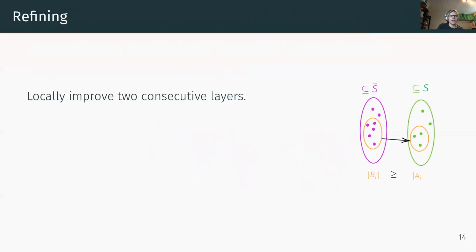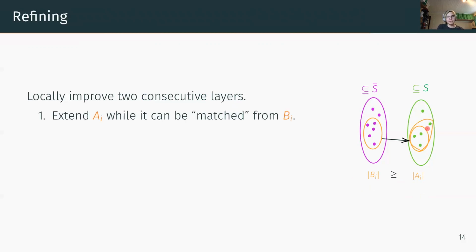Okay, so given these partial augmenting sets, the idea is to do some local improvements on them. So we consider first 2 adjacent layers. And the local improvement works as follows: first we try to extend the layer to the right with some extra elements as long as they can be matched with the selected elements of the layer to the left.